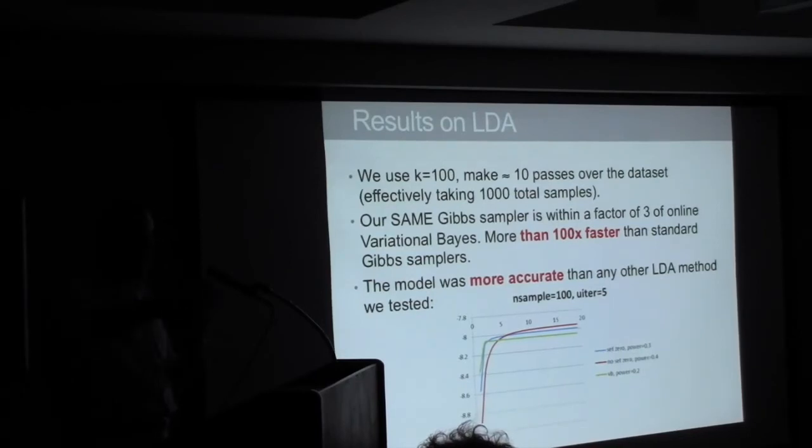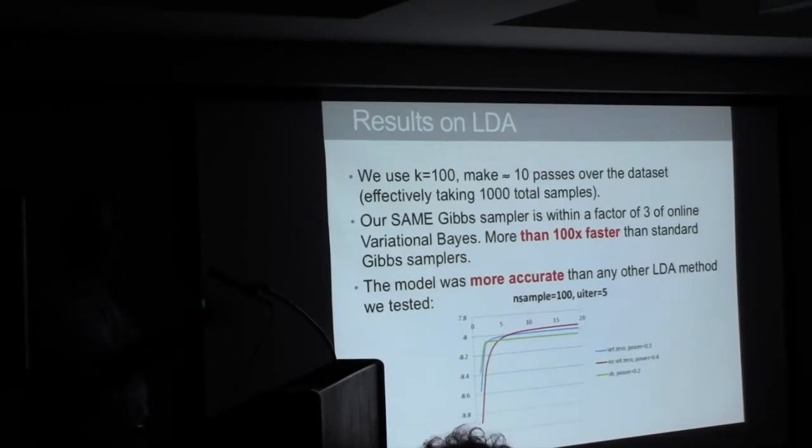A Gibbs sampler would typically take 1,000 passes. Now we're using 100 samples instead of one each time, so in effect we take the same number of samples, but with only 10 passes over the data set, and within a factor of about 2.5 of the optimal incremental algorithm.